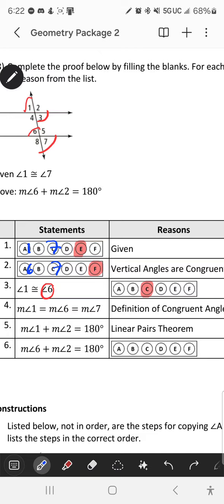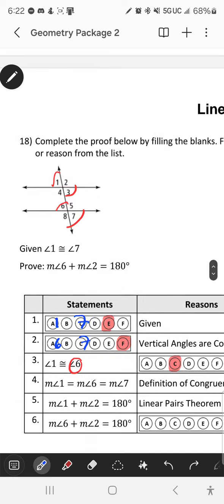Then we have that the measure of angle 1 plus the measure of angle 2 is 180, because of the linear pairs theorem. So they're all over a line. Oops, that was supposed to be a line. So over a line, they form a semicircle. The linear pairs theorem just means that they add up to 180 degrees.